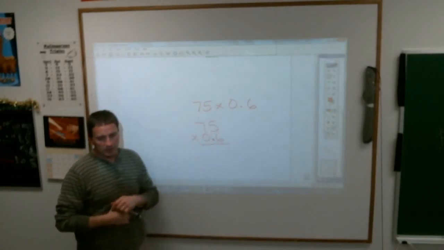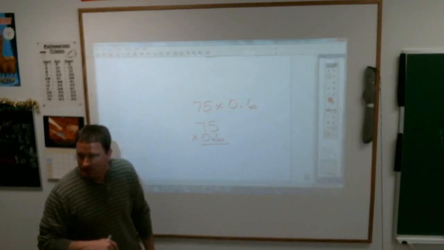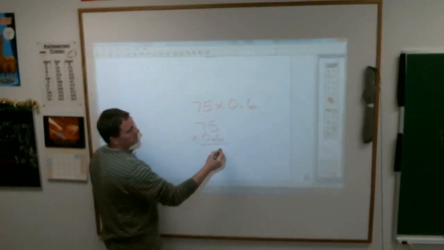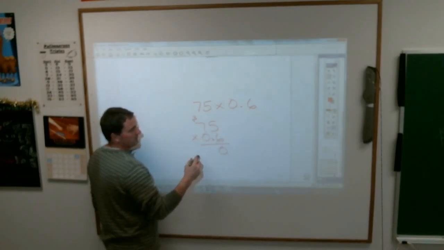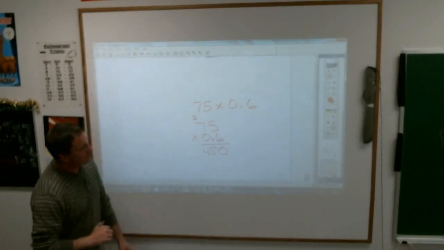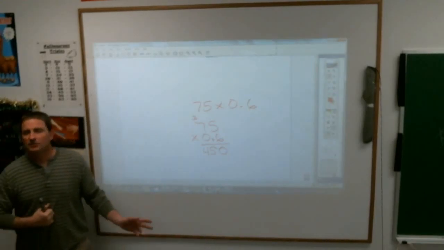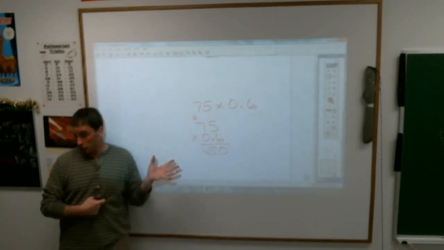You multiply like there's no decimal. I know how to do that. 6 times 5 is 30. Okay, so I know I have a 450 in my answer. I just have to figure out where the decimal goes.